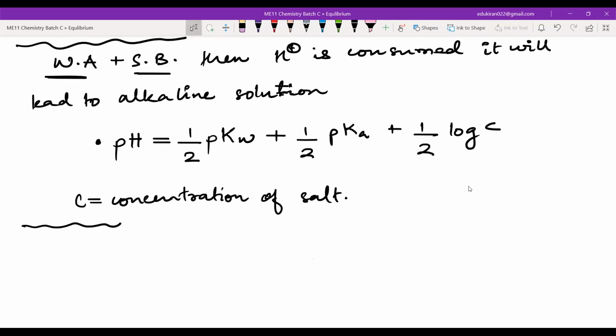Now, the opposite thing you can write. Here we'll write, if we have a salt of strong acid and weak base, then what will happen?